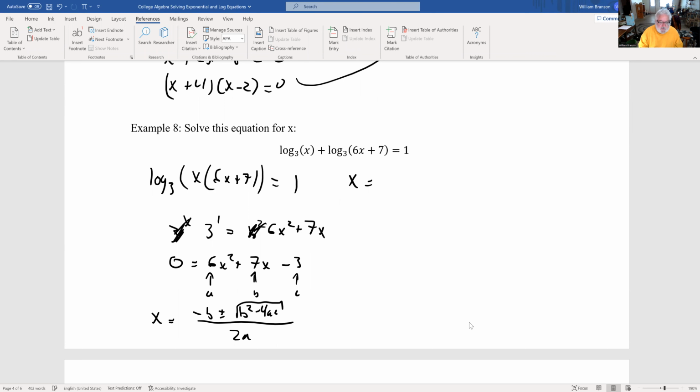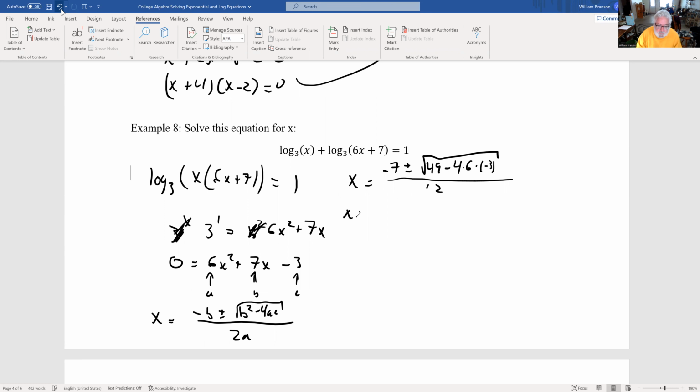So X equals negative 7 plus or minus the square root of 7 squared, which is 49, minus 4ac, 6 times, oh, let me undo that. It's 4ac, and I forgot to write in the 4, minus 4 times 6 times minus 3, all over 2a, which is 12.